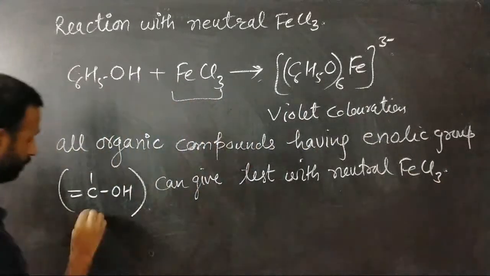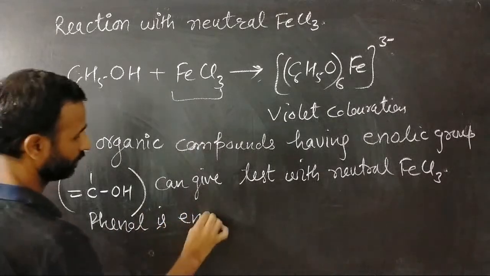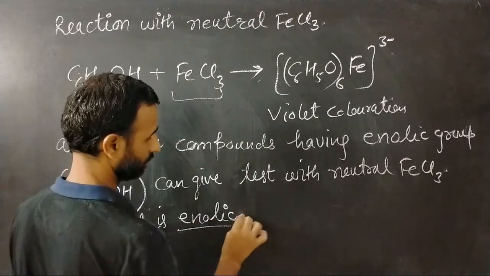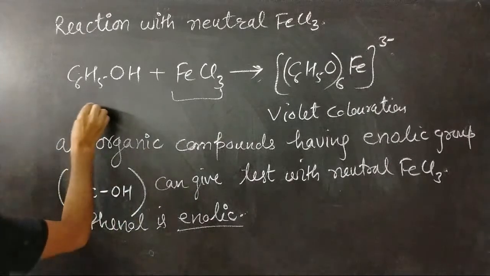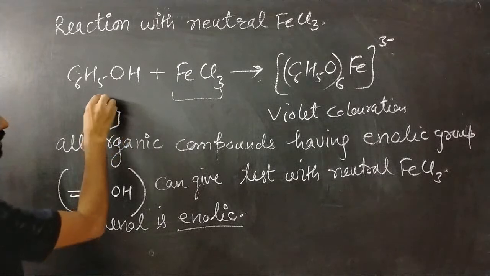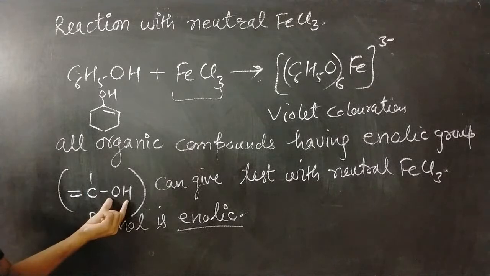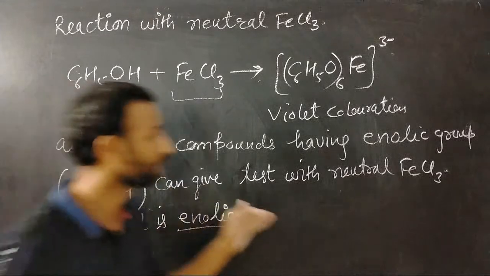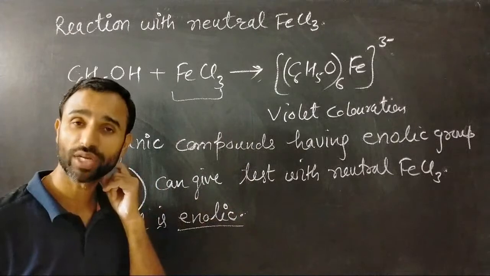And phenol is enolic. In phenol, there is a C double bond C and OH, so it is also enolic. So any organic compound having an enolic group can give the test with neutral ferric chloride.